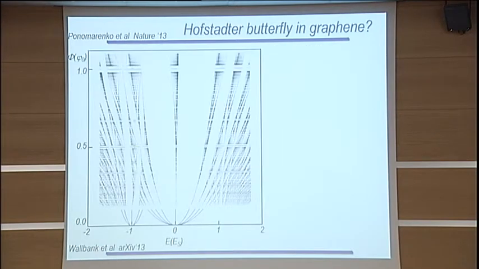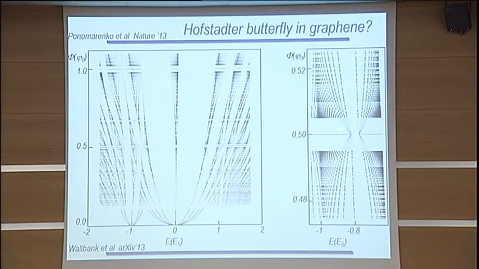Those are the calculations from the Lancaster and Bath groups. You can see that the Landau levels from the main Dirac point interact with the Landau levels from the secondary Dirac point, and at the crossing points you have this new generation of quasi-particles. If I zoom in here, you see that the Landau levels very much resemble the Landau levels coming from the main Dirac point.